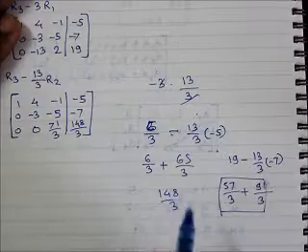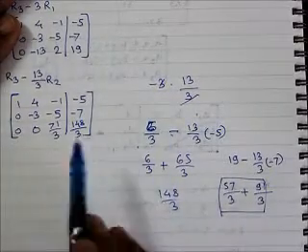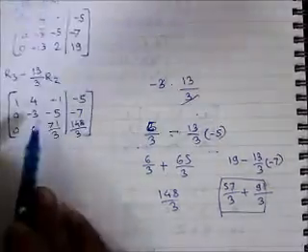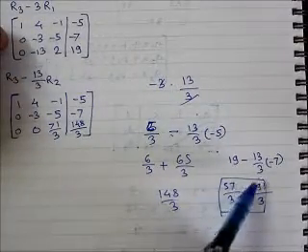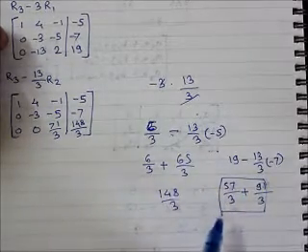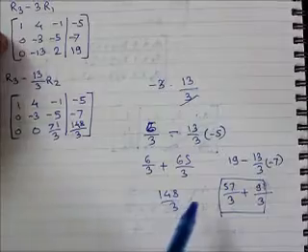So if you are not sure, or the fractions are becoming too difficult, like in this case, 19 minus 13 by 3 into minus 7, you can always just do this. My advice is do this.